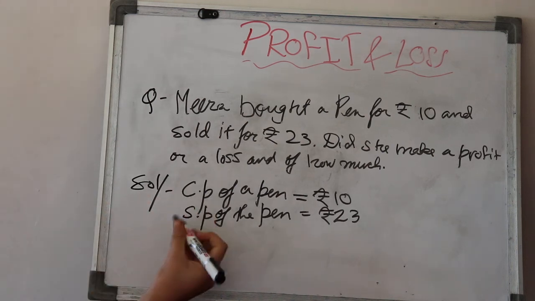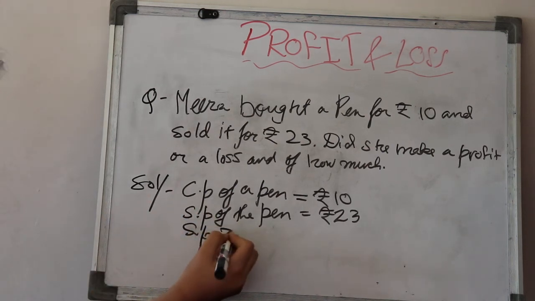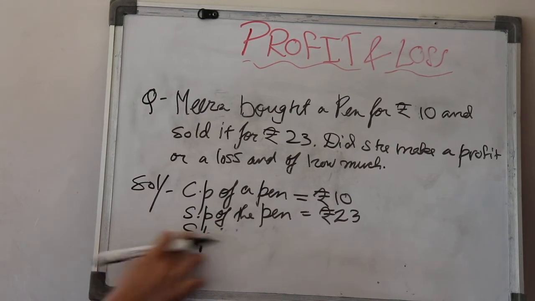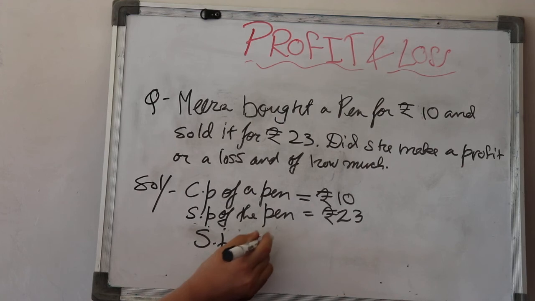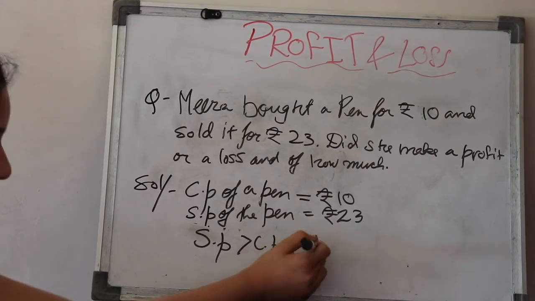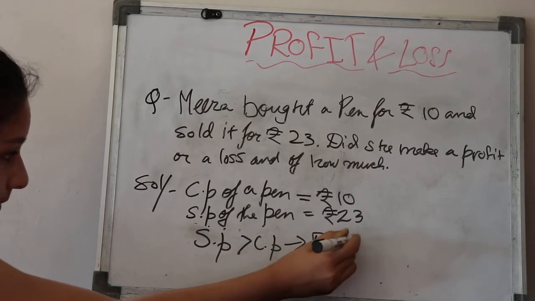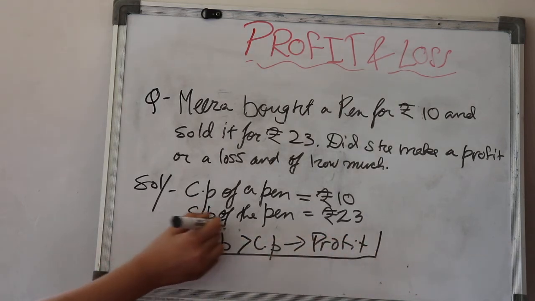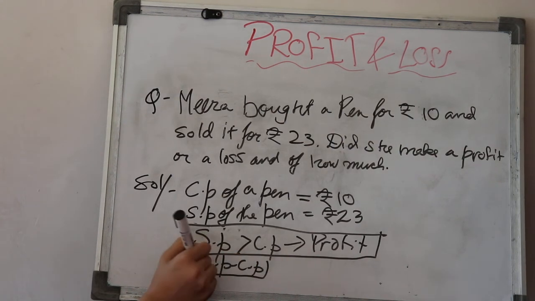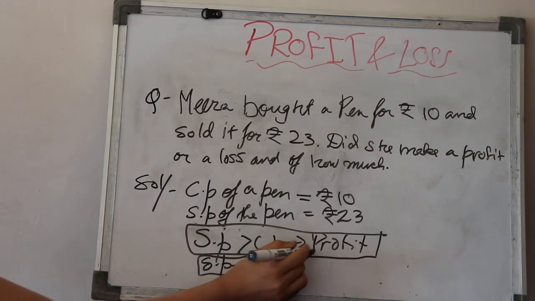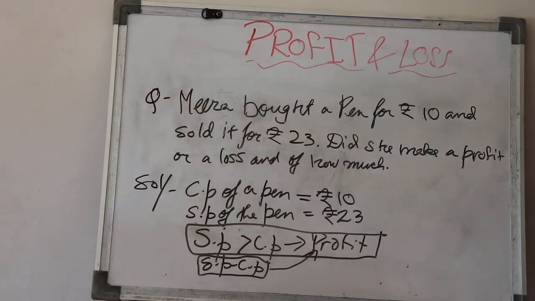Okay, here the selling price is greater than the cost price, therefore she made a profit. So I have to subtract the cost price from the selling price so that I'll get how much profit she made.